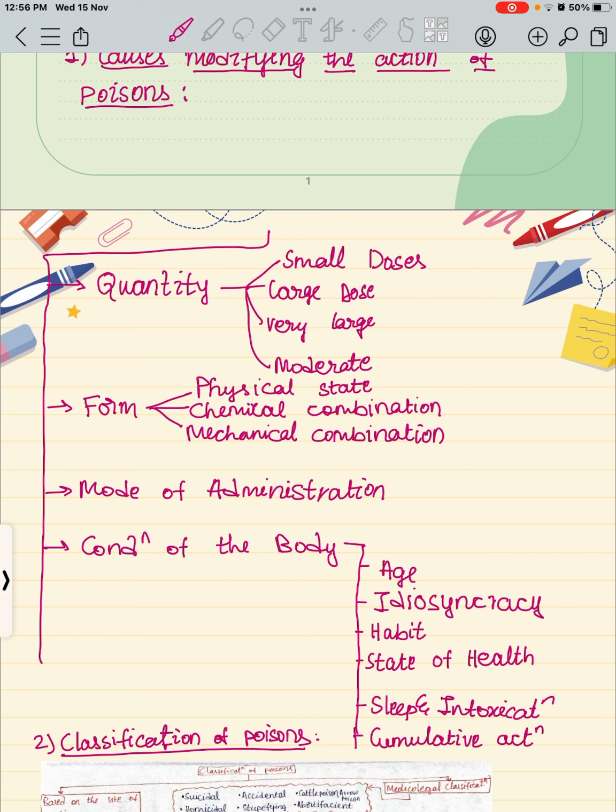The rapidity of the gas is more than liquid, and the rapidness of solids depends on their solubility. Certain poisons which are not soluble in water may become dissolved in the acid secretion of the stomach and absorbed into blood.